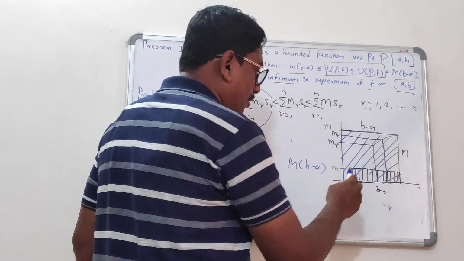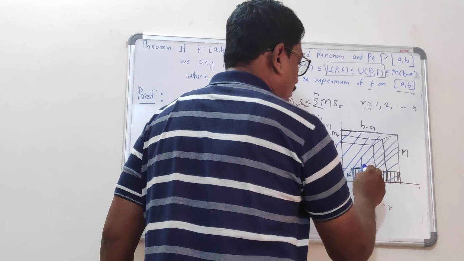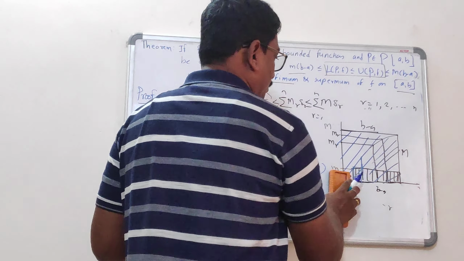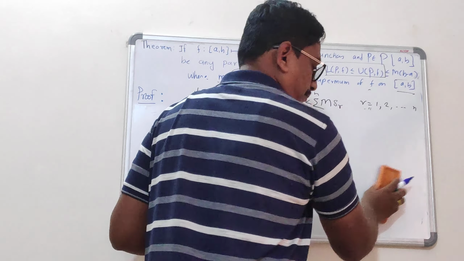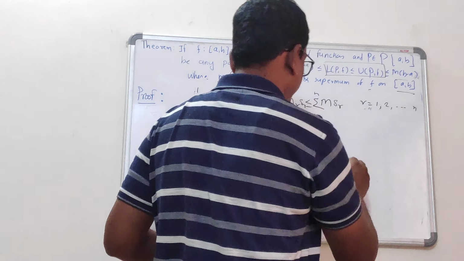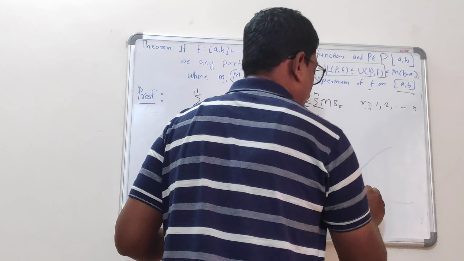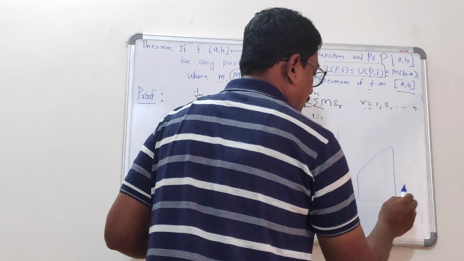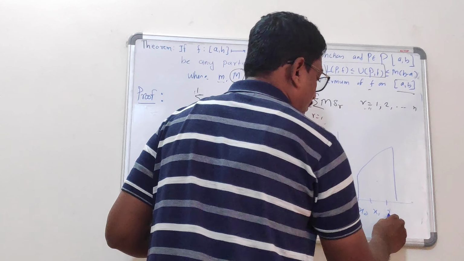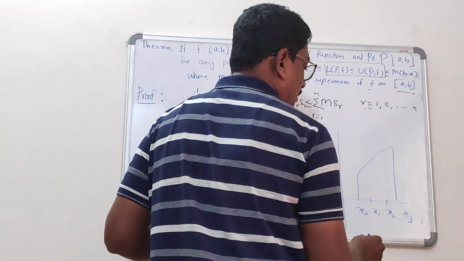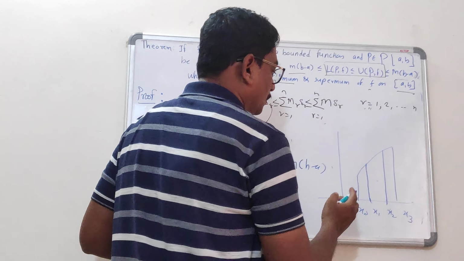Now look at each subinterval. Okay, let me draw the diagram for the subintervals again. The same diagram I will consider. I will do it for only 4 points: x0, x1, x2, x3. You can generalize it.